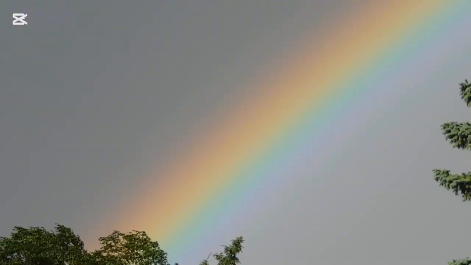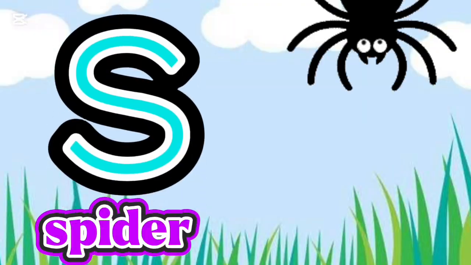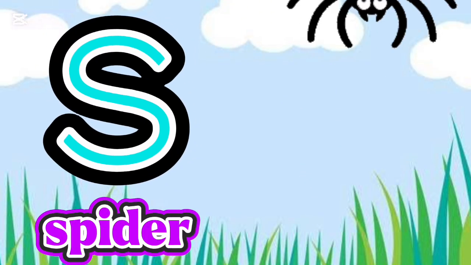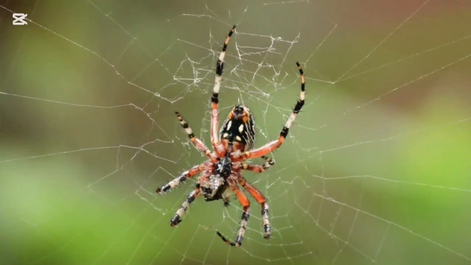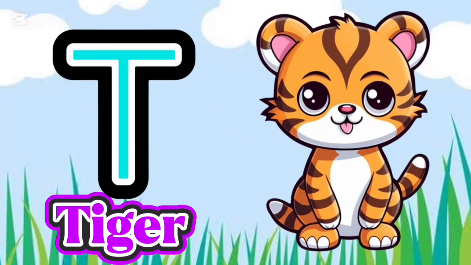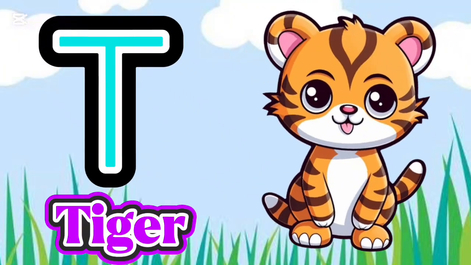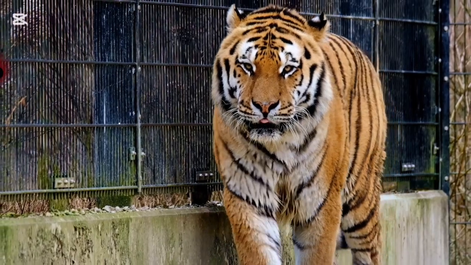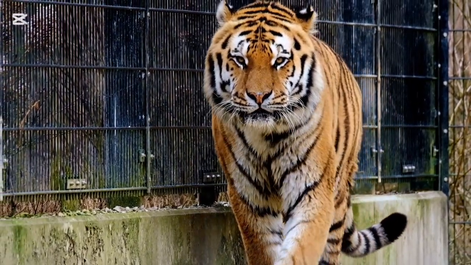Rainbow. R, rainbow. S is for spider. Spider. S, spider. T is for tiger. Tiger. T, tiger.